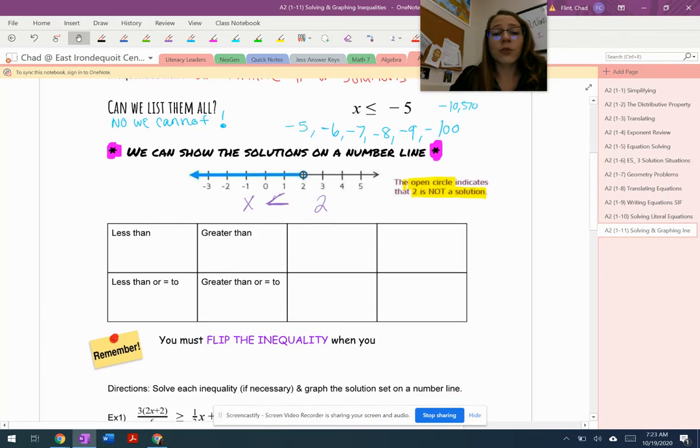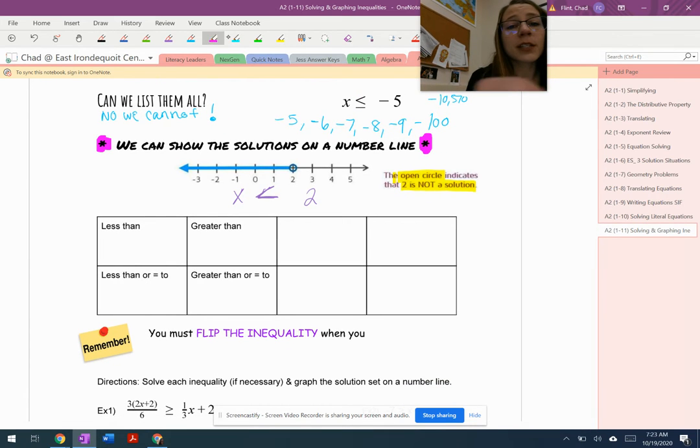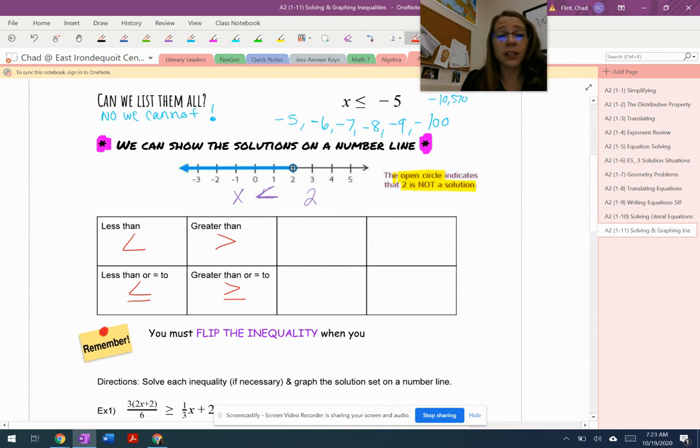So looking at our chart here, we're just going to fill in some of these signs. So less than, greater than, less than or equal to, greater than or equal to. Now just like we learned, if it's just less than or just greater than, that gets an open circle.